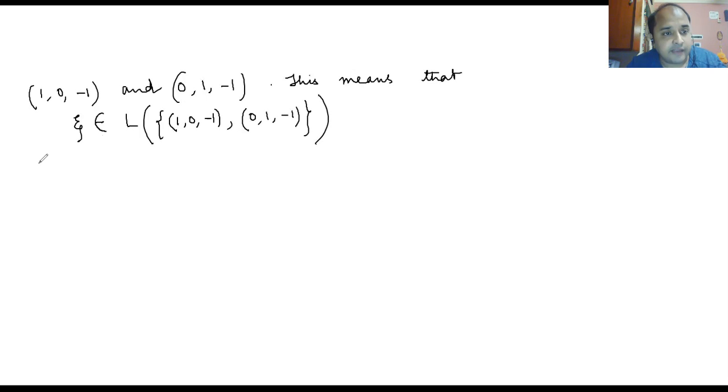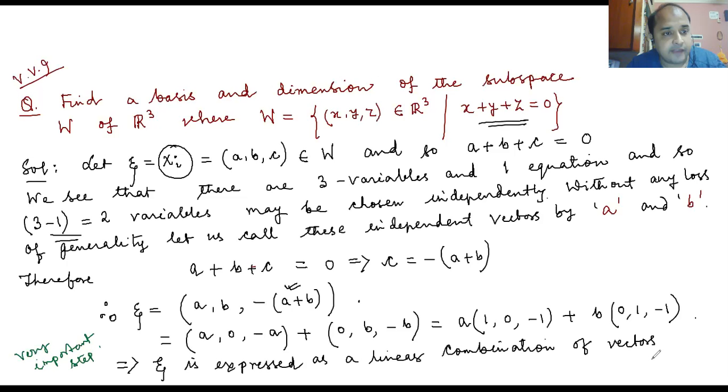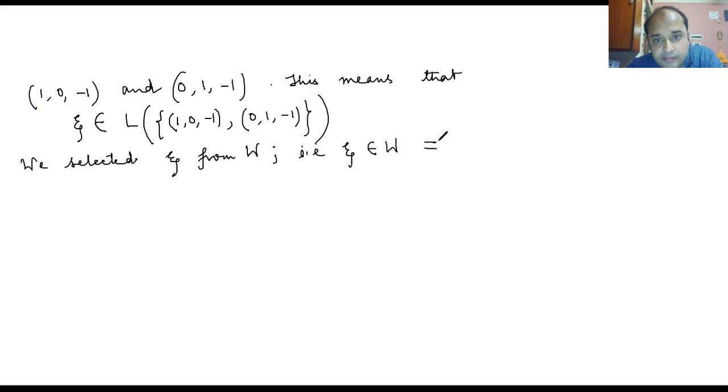Now we selected xi from W, and xi belongs to W, and we have shown that this implies the option.